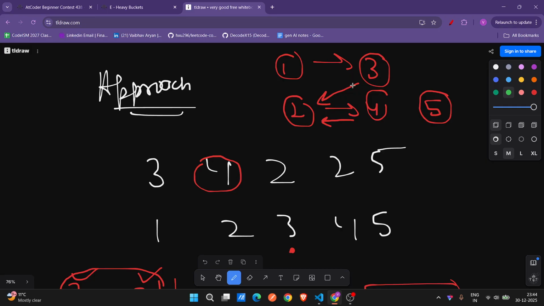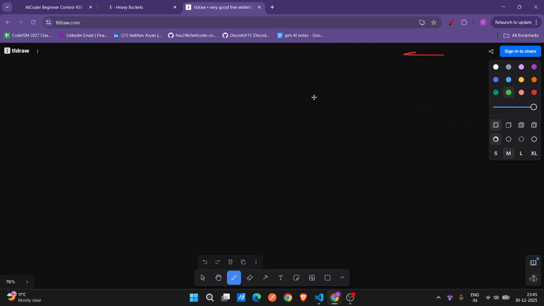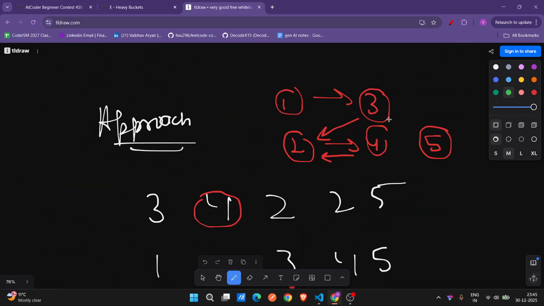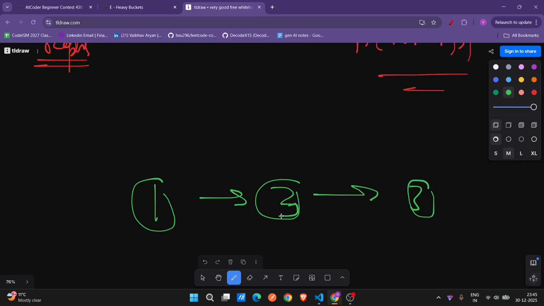So what is happening here is you have an edge from 1 to 3, 3 to 2, 2 to 4, and 4 to 2. What I was thinking when you make the graph, I think I made a mistake, this was 3 and this was 2.